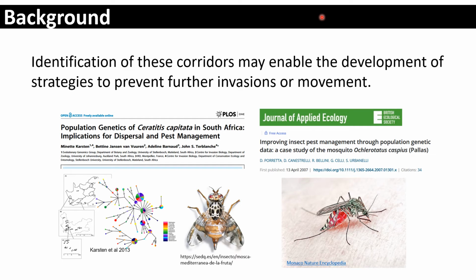Molecular studies have been employed to infer insect movements across agricultural landscapes and thereby predict corridors that are used for insect invasions. As we know, population genetic analysis can identify patterns of movement and potential invasion routes of these important pests.